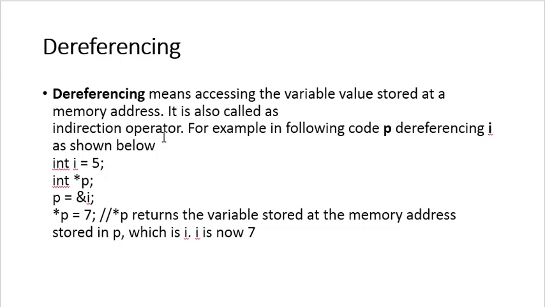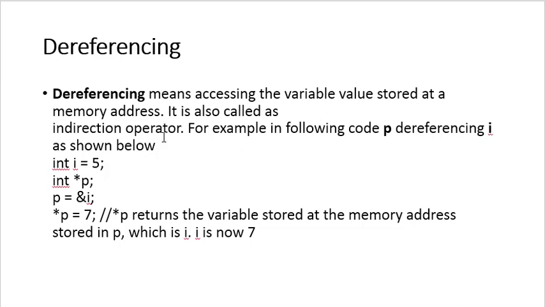As int i, we are declaring i as an integer and assigning it a value 5, then a pointer P. Then the address of i is assigned to P. Then *P = 7, so we are giving *P a value 7. *P returns the variable stored at the memory address stored in P, which is i. i is now 7.